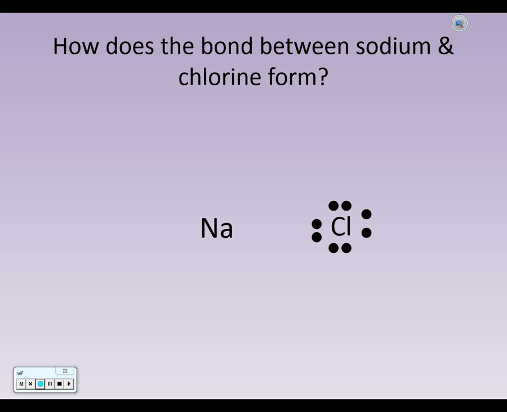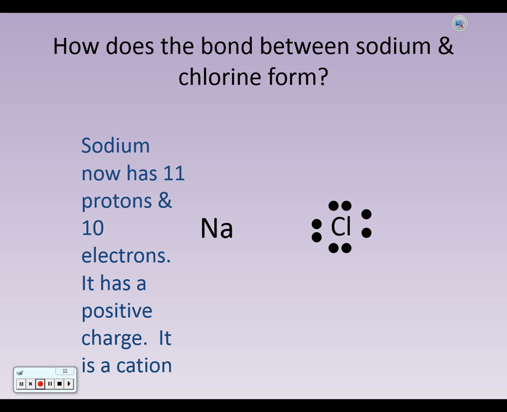After we have transferred this electron from sodium to chlorine, remember, sodium's trying to get rid of that electron, chlorine's trying to pick it up. But after it has been transferred, sodium now has 11 protons, but only 10 electrons.